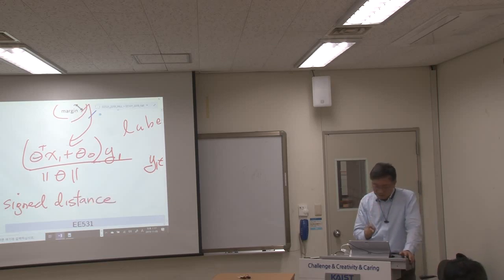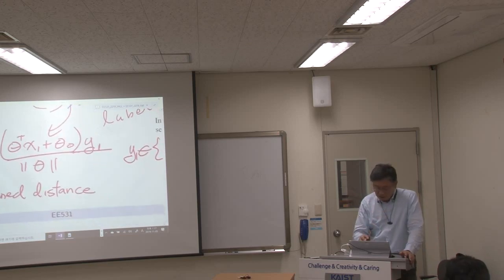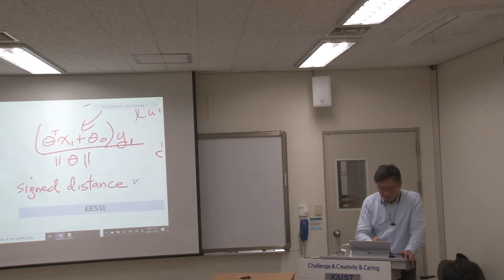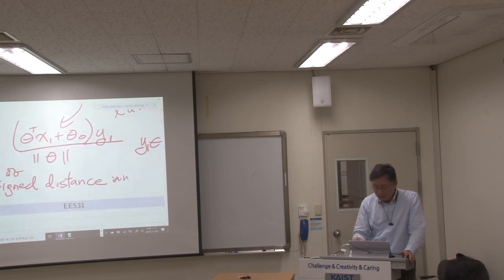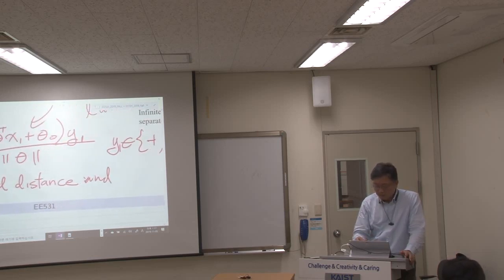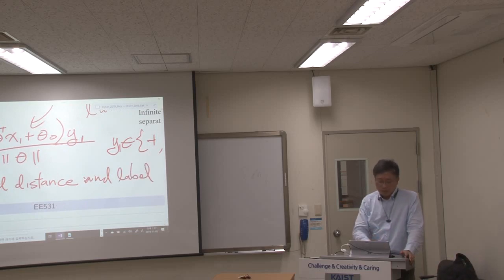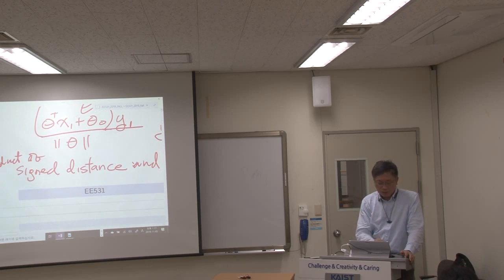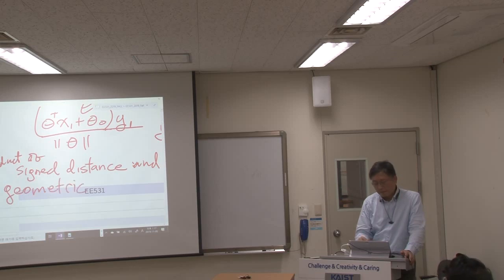It's signed distance, well, product of signed distance and label. And we call this the geometric margin.